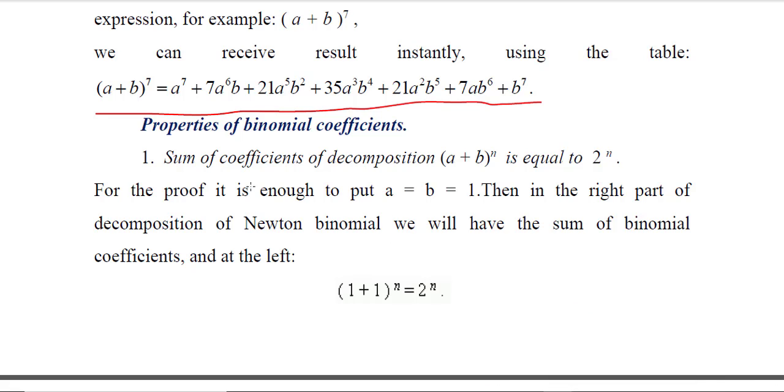Okay, now properties of binomial coefficients. First property, the sum of coefficients of the decomposition is equal to 2 to the power of n. For the proof, it's enough to put 1 instead of a and b, so (1 plus 1) to the n's power, so it is 2 to the n.